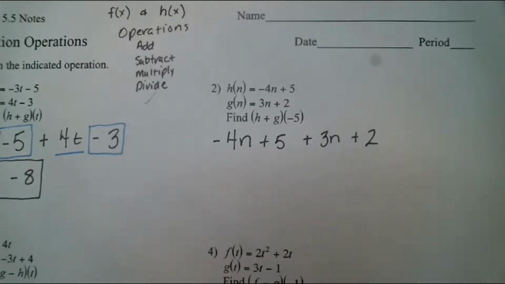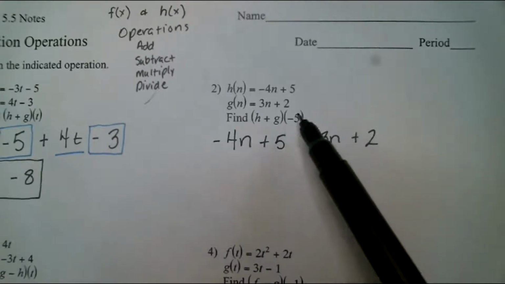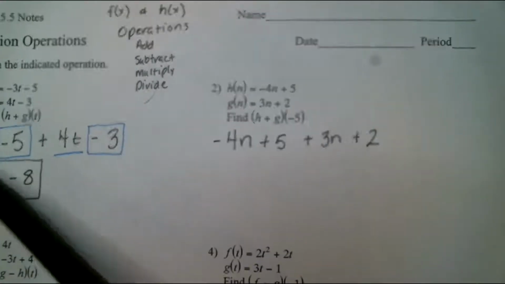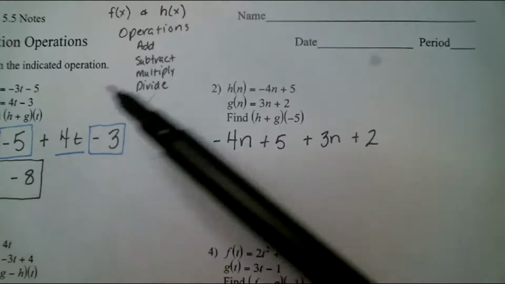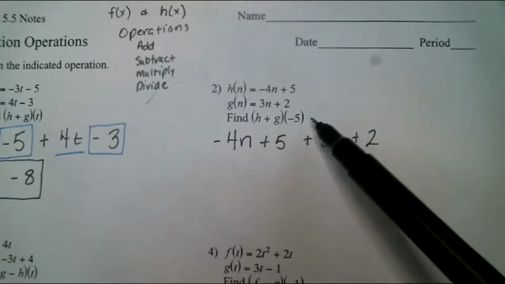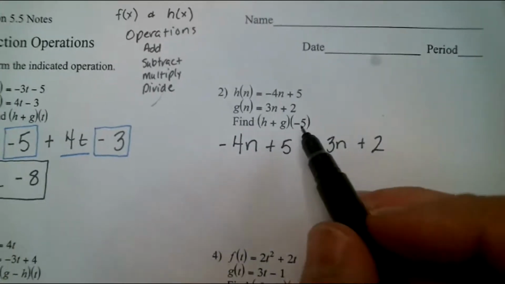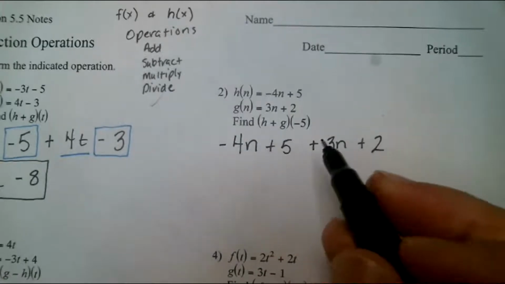All right, but here's the difference. This, we solved in terms of t, so just keeping t as what it is, but this, we have to solve in terms of negative 5. So we're just going to substitute negative 5 for n.